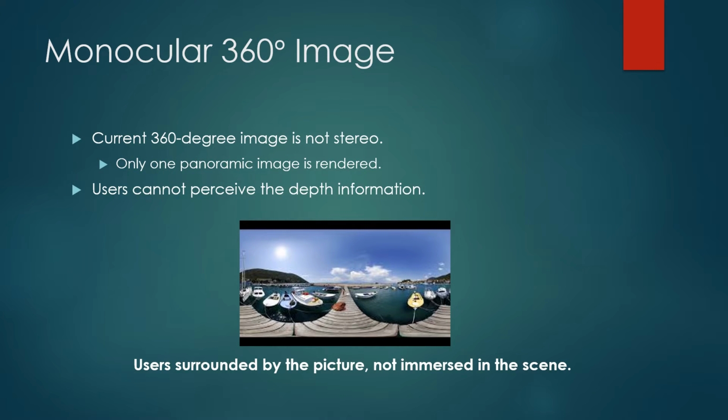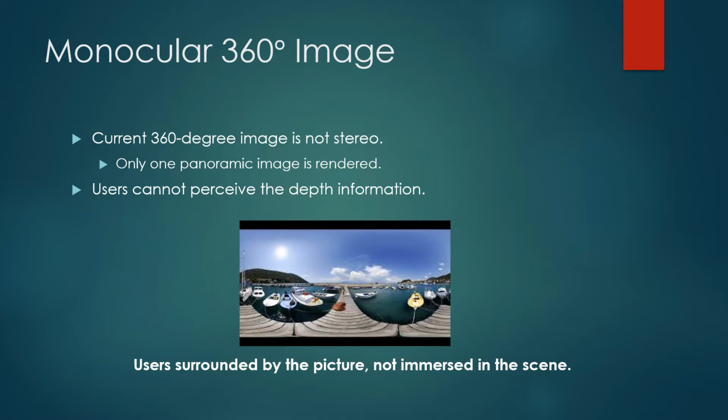And here is the situation of the current 360-degree images. Currently, 360-degree images are recorded by only one camera. Therefore, it contains only one panoramic image, and this same image is rendered to both eyes of the users.